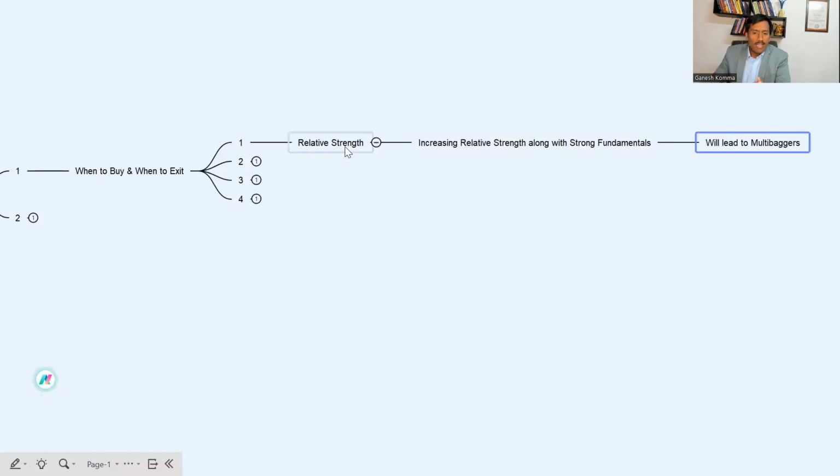And RS as an indicator, when you're applying, we use the daily time frame where we check 123 days, and the stock is RS positive versus Nifty. Those are stronger companies. And those companies where the last couple of quarters, 2-3 quarters, fundamentals are also very good, then that's a golden combination that will lead to multi-bagger returns.